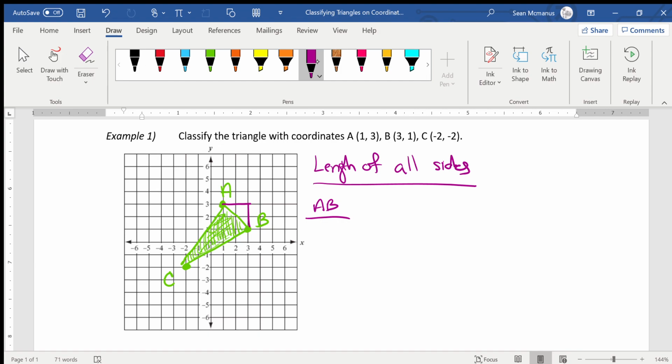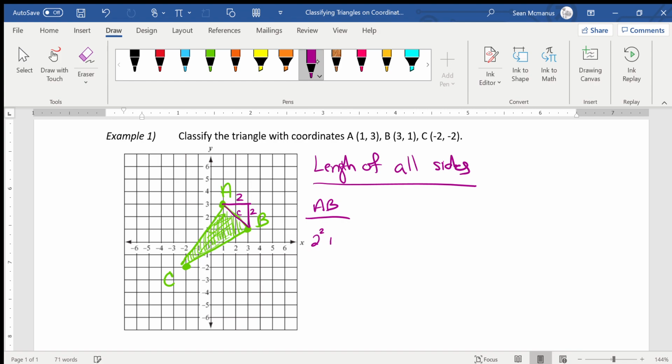This side is 2 and that side is 2. So I can find the measurement of AB by using the Pythagorean theorem. A and B would be the 2's, and C, the side I don't know, would be that segment AB.